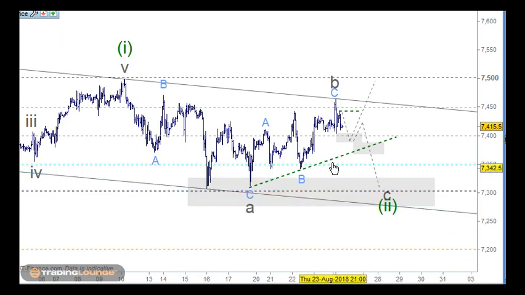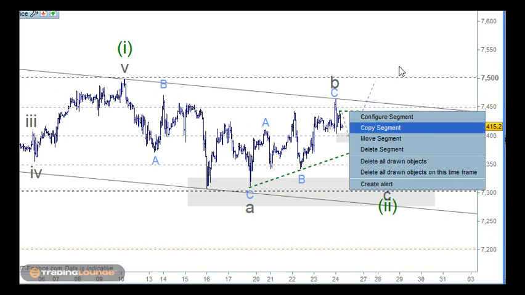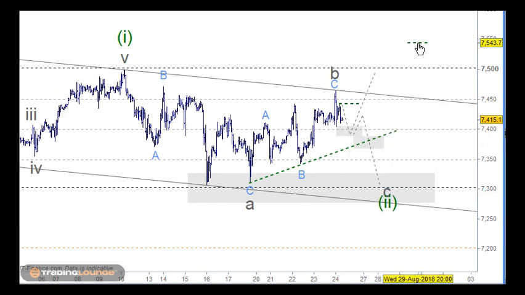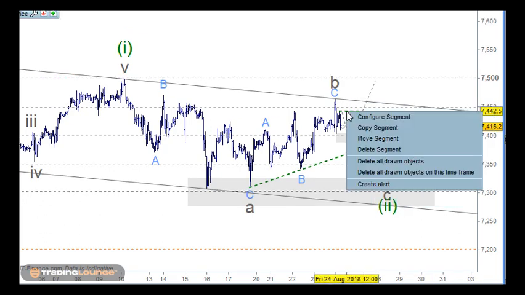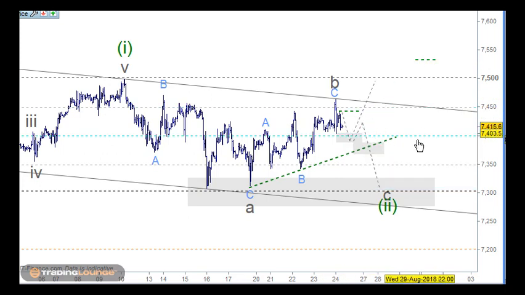And also too, if I could just copy this segment here, if we get support on 7500 here, then you need to be going long at that. You need to be adding more. You need to be adding on that side there as well. Okay, so copy that, put that there.